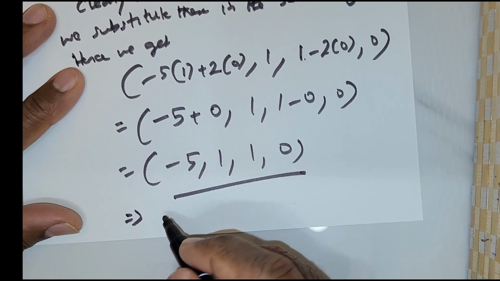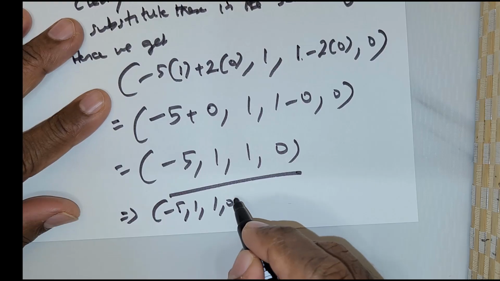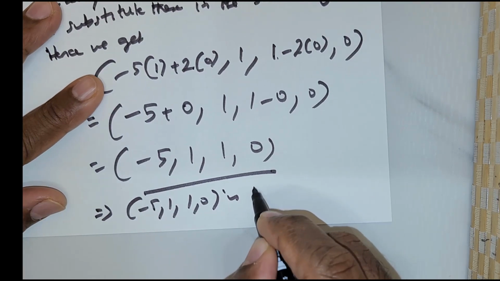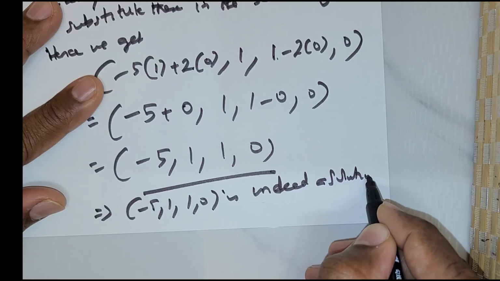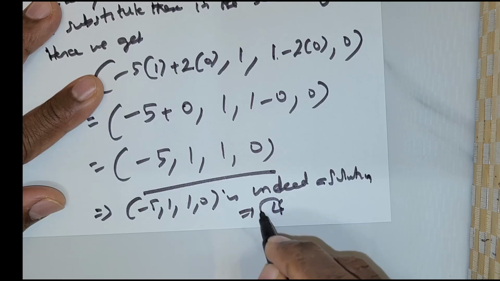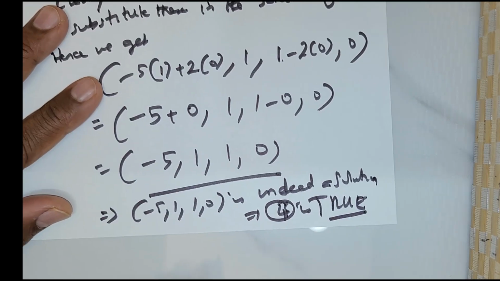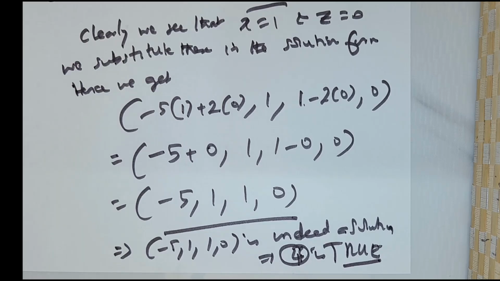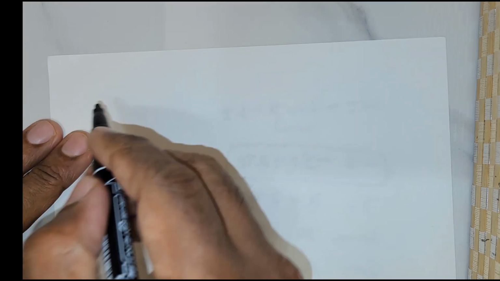So this means negative 5, 1, 1, 0 is indeed a solution. This means choice 4 is true. I'll just write 4 is true. But we are required to find the one that is false. Okay. Now to get to the last one.